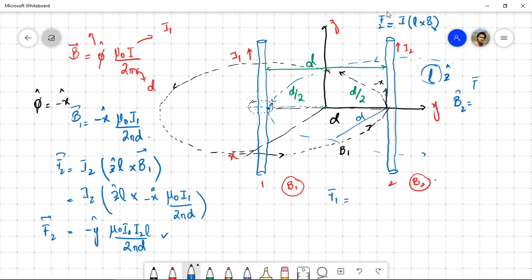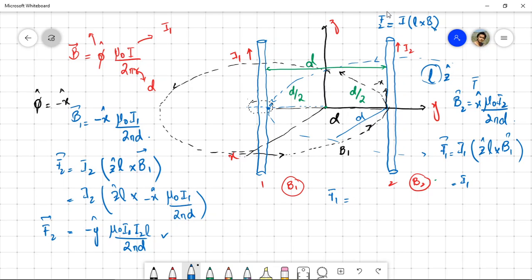So in this case, the phi hat is equal to x hat, and apart from that, we'll have mu naught I2 divided by 2 pi d, and we'll put this into this equation. F1 is equal to I1 into z hat L cross B2.